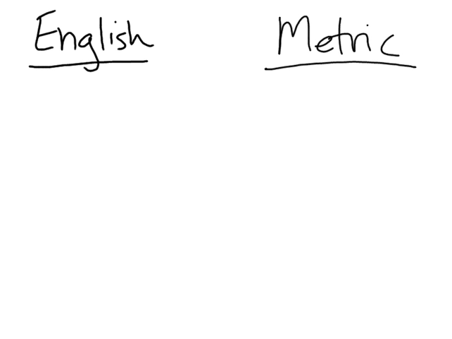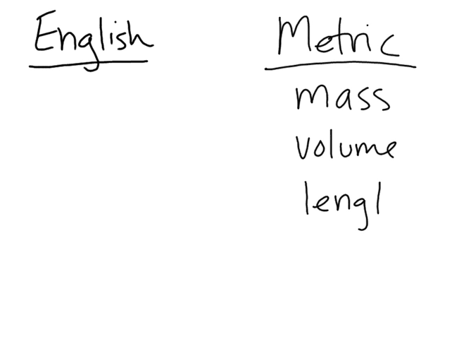Now, in the metric system, we have units of mass, we have units of volume, and we have units of length. Okay, which, by the way, these are your 3 most common characteristics of matter that we're going to be dealing with in this class, or at least for the first few months.